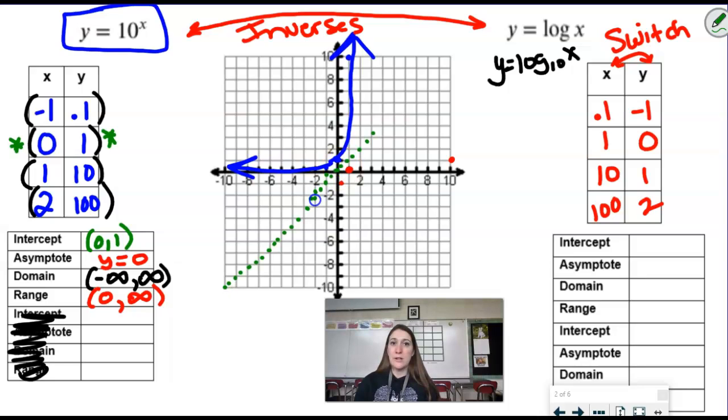Okay, got a little weird there. So if I think about taking that blue shape and reflecting it down across that green line, wouldn't it create this? Nope, it wouldn't, because that's the worst graph you've ever done in your whole life. Okay, it kind of creates that shape, all right? My friends, this is what a logarithm looks like.